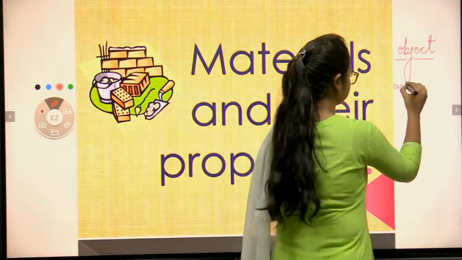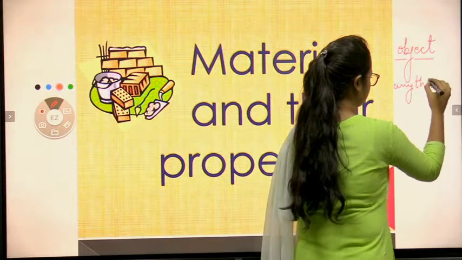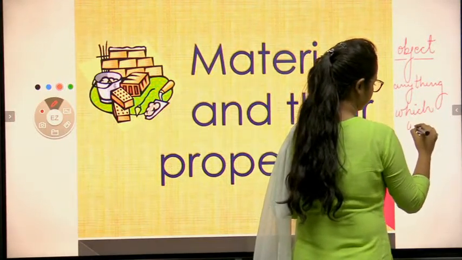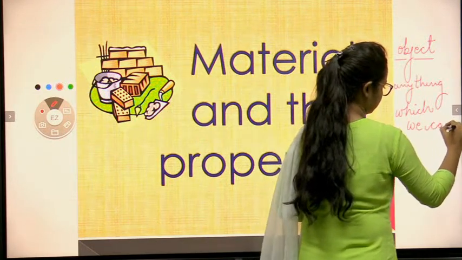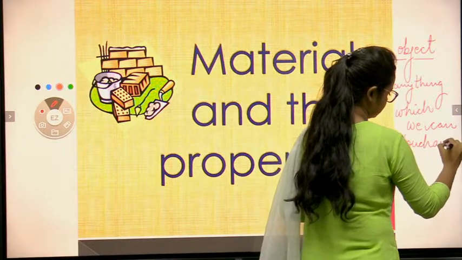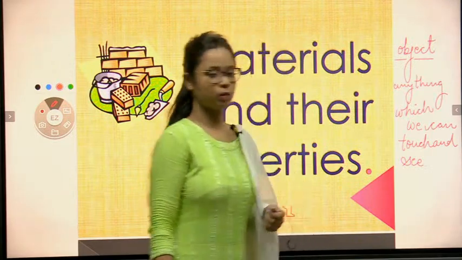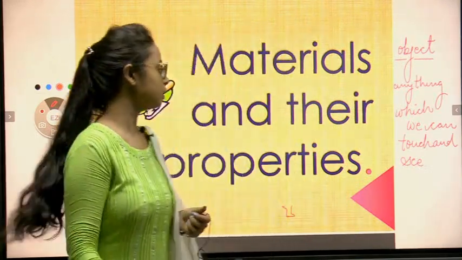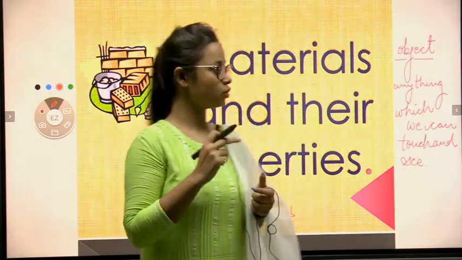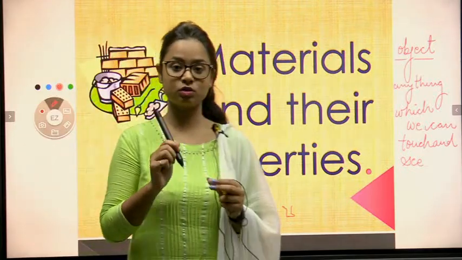Anything which we can touch and see is called an object. Clear? Before material, we need to know what an object is. An object is something like, for example, this marker I'm holding. This is also an object.